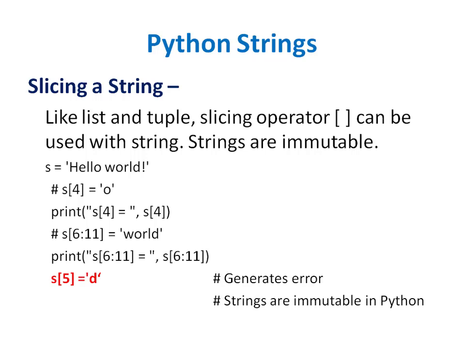Since strings are also an indexed data type, their index starts from 0. So you can use the slicing operator to slice a string and access a particular element, but you cannot modify the elements of a string. So if we print s[4], that is going to print o.